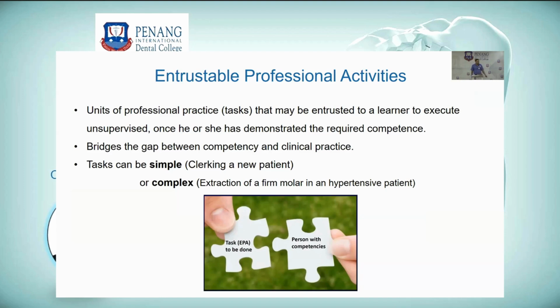Okay, so these are units of professional practice that must be entrusted to a learner to execute unsupervised once he has demonstrated the required competence. And this bridges the gap, and it can be a simple task such as clerking a new patient, or it can be a complex task as in extraction of firm molars in a hypertensive case.